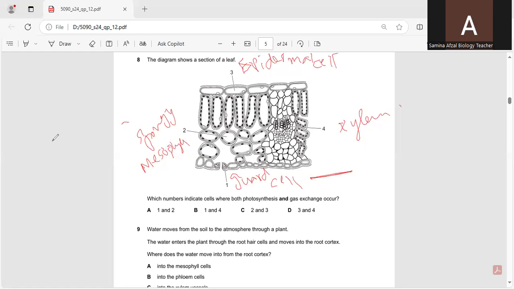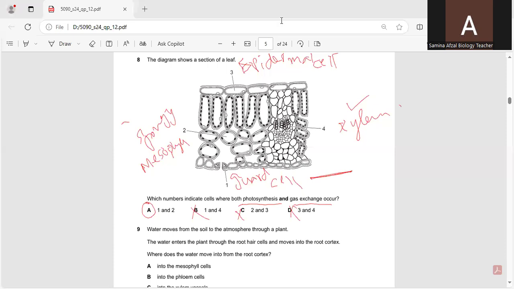So in this way, option A is the correct option for both photosynthesis and gas exchange. Xylem conducts the water, and 3 and 4, epidermal cells, protect the leaf. So only A is the correct option.